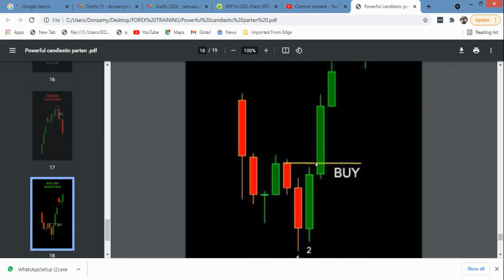Engulfing candles are printed in such a way that when you have a candle like this that is bearish and it is at a support, I know some of us don't know what support is all about, but don't worry, we will treat that.